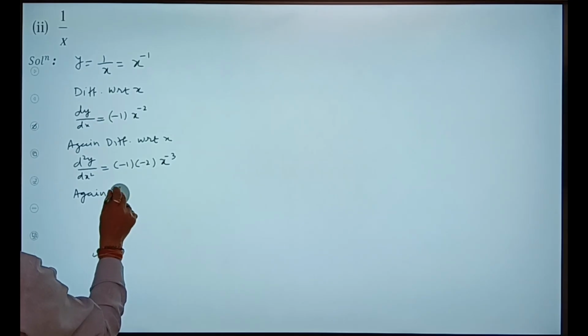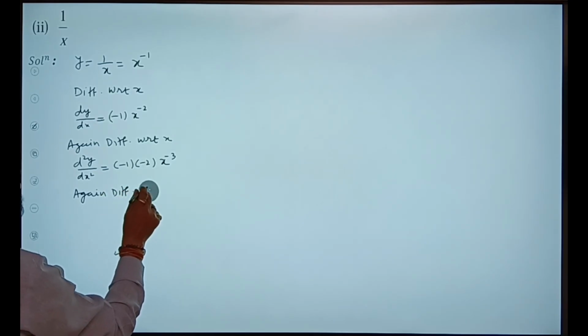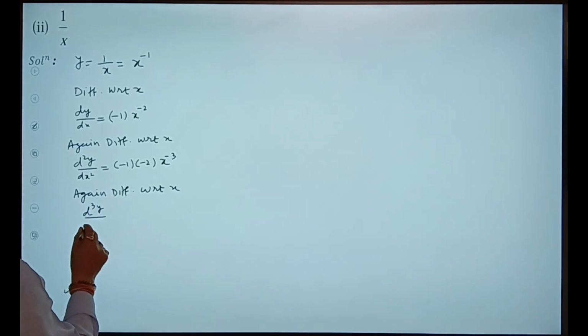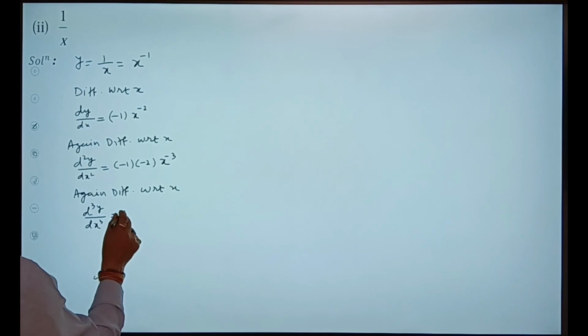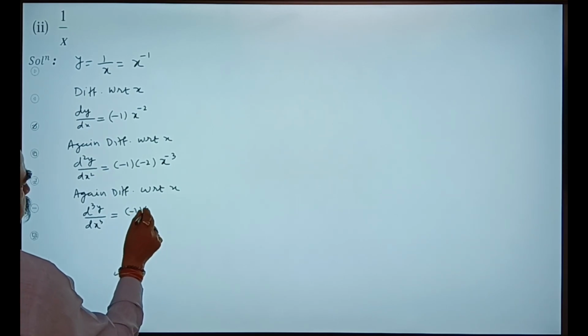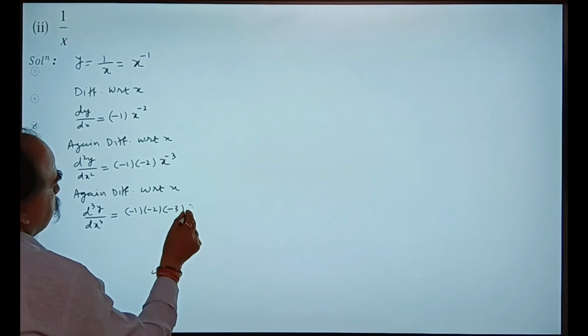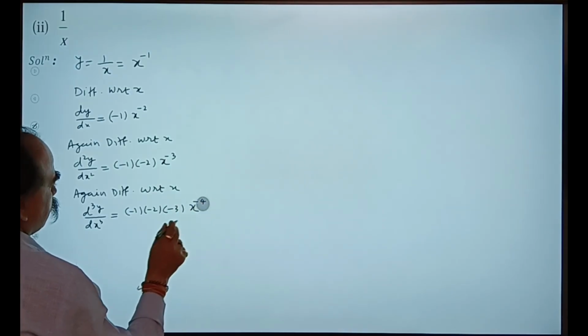Again, differentiating with respect to x, d3y by dx cube is minus 1 into minus 2 into minus 3 x raised to minus 4.